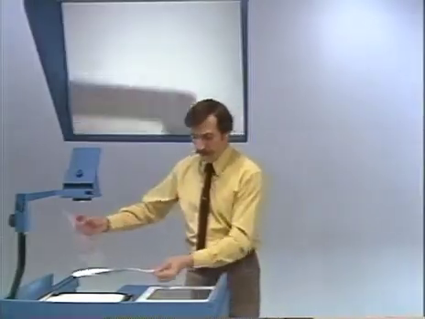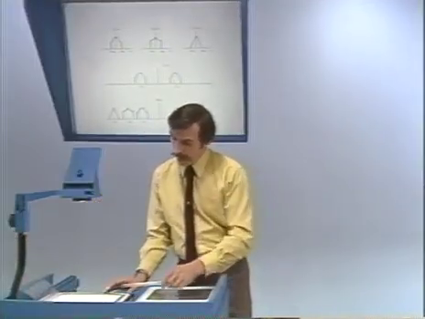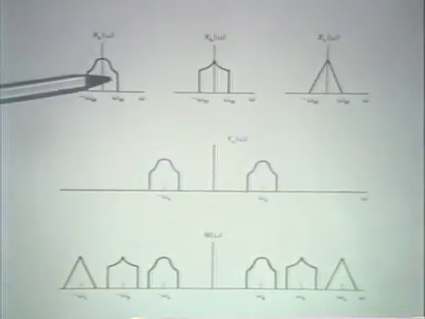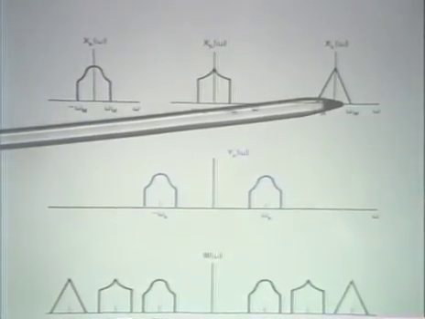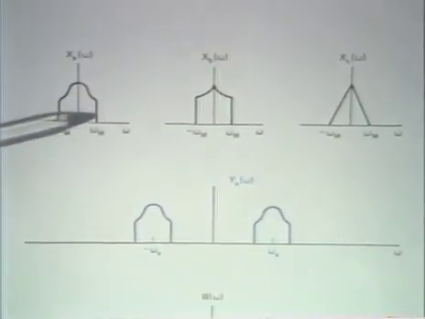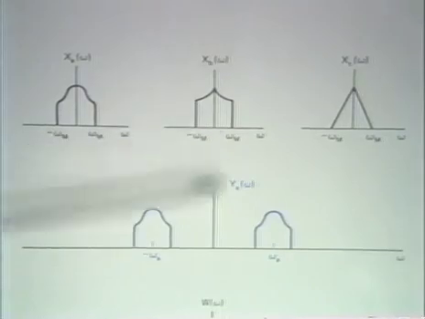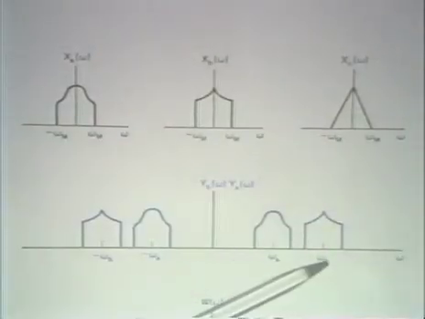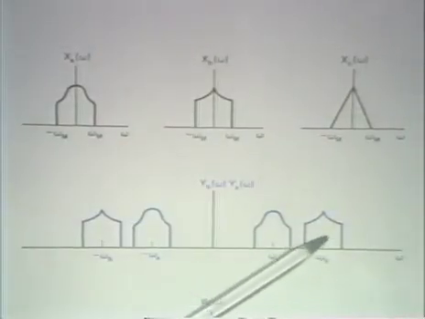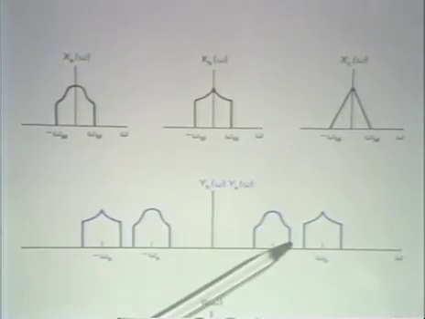So just to illustrate that in the frequency domain, what we have, let's say, are three spectra, XA, XB, and XC. And we would, for example, take this spectrum and modulate it to a carrier frequency omega sub A. We can take this spectrum and modulate it to a carrier frequency omega sub B, where omega sub B is chosen so that when we add these two together, they don't overlap, so that they can eventually be separated out.